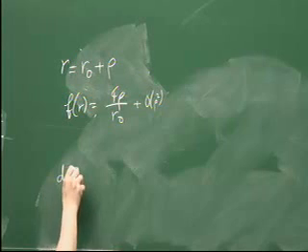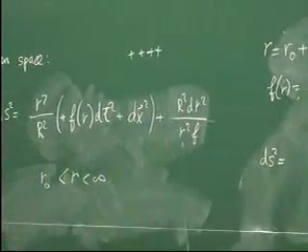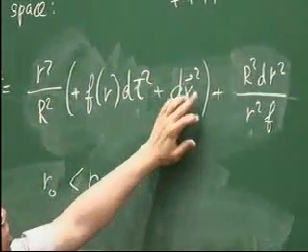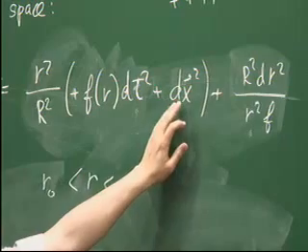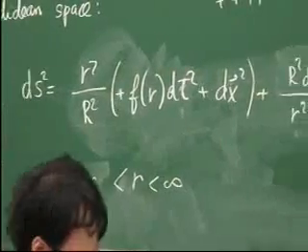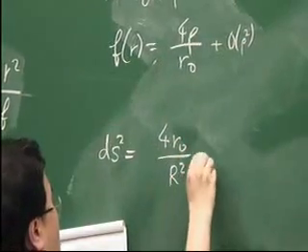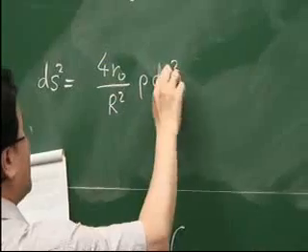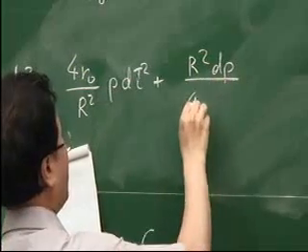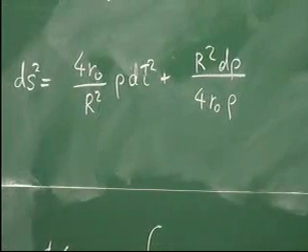Let's look very closely at the tau and the R part of the metric. When we approach the horizon, the components of the metric along the x directions, the spatial directions, are all finite. There is nothing interesting happening there. On the other hand, here we would have R naught over R squared rho d tau squared, plus R squared d rho squared over 4 R naught rho.